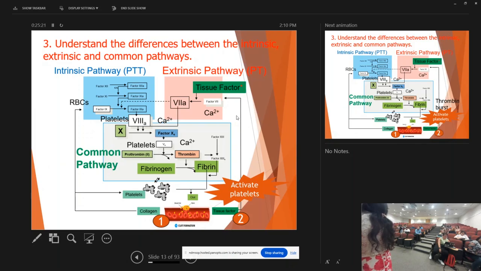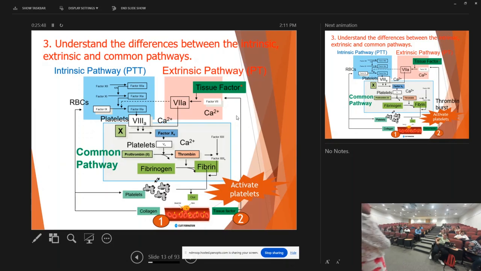The intrinsic one takes longer because many factors need to be activated before 8A gets activated. But here it's quick, as 7 is quickly activated to get into this pathway for activation of 10. When factor 10 is activated, this is where all the magic happens.